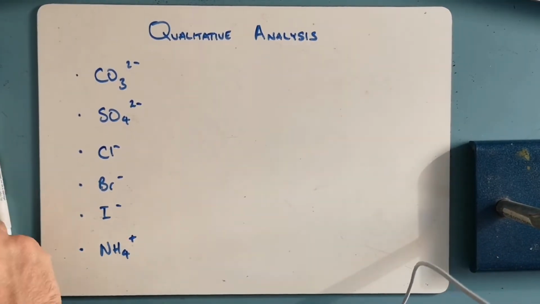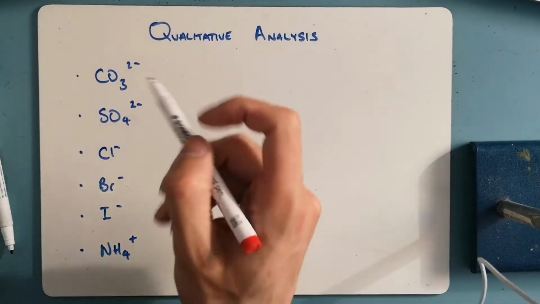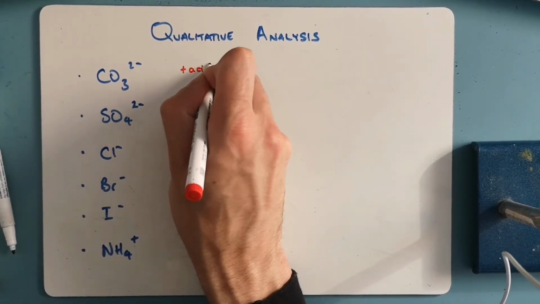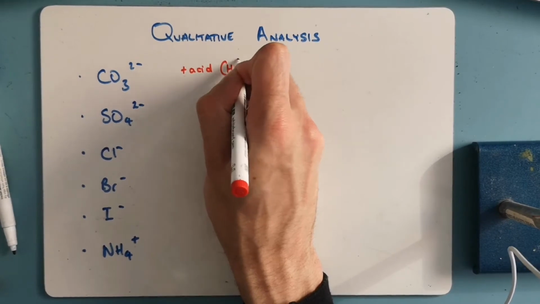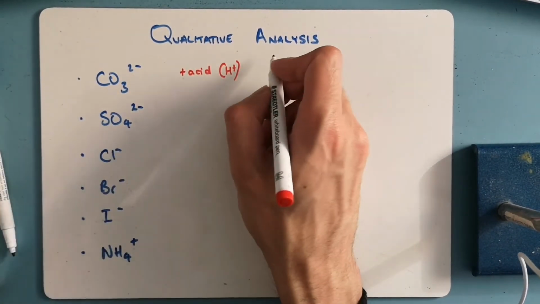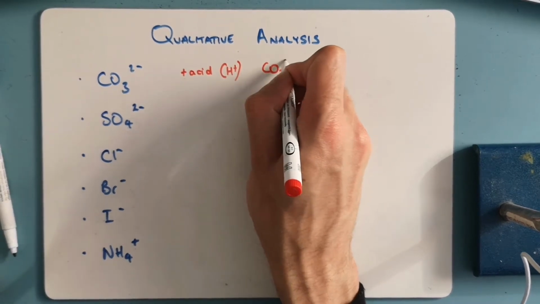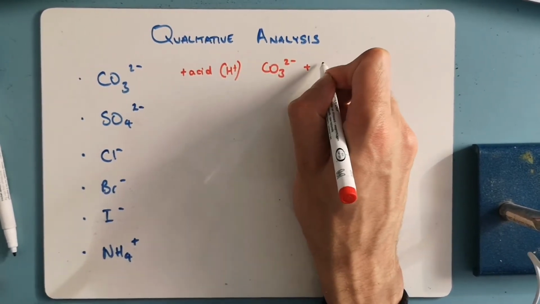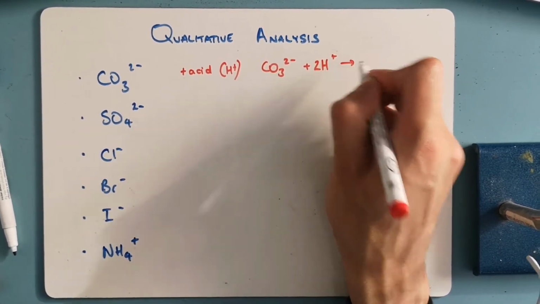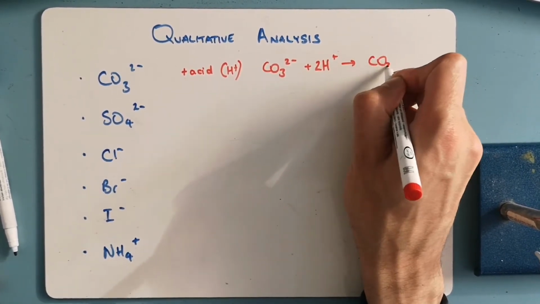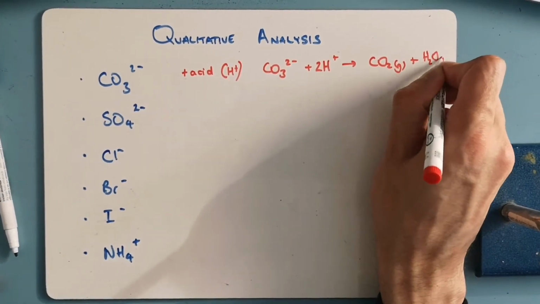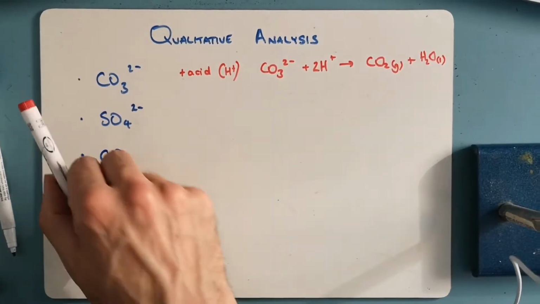To identify carbonates, we need to add an acid, which we're going to represent with H+, a proton donor. If we take carbonate and add plenty of acid, so I need two H+, what we get is carbon dioxide gas and water, liquid.